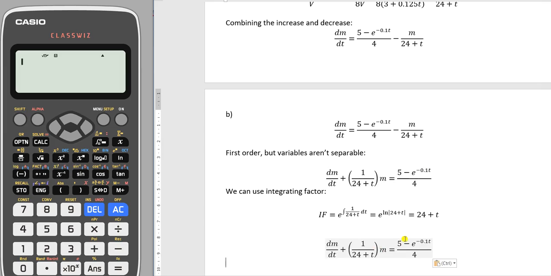So this entire differential equation will be converted into 24 plus t, goes in front there, perfectly cancelling out the 24 plus t there. The added complication over here that you must not forget is that 24 plus t now appears as a factor on the right. The next thing to do is integrate.